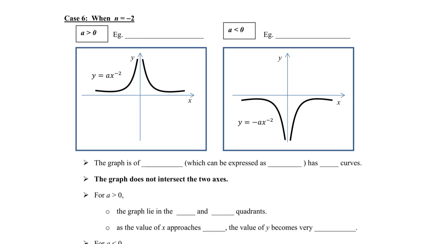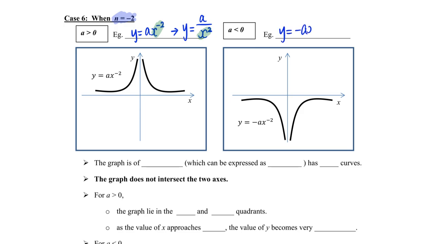Hello everyone. For this part of the video, we are going to explore where n equals -2. So this is the example. Well, same as the case where n equals -1, we can rewrite this equation as y equals a over x power 2, positive. Okay, we can do that using the law of indices.